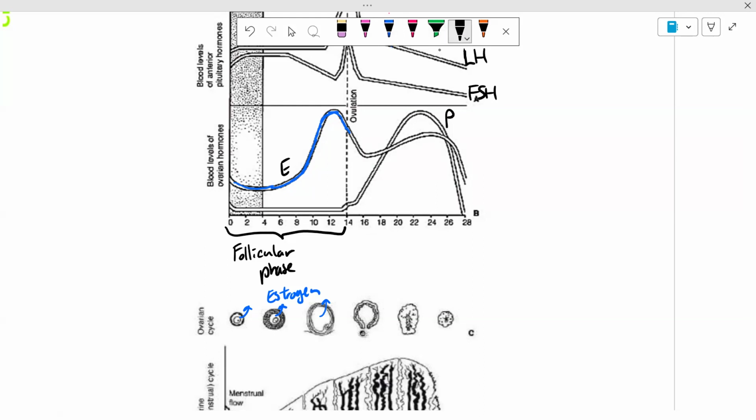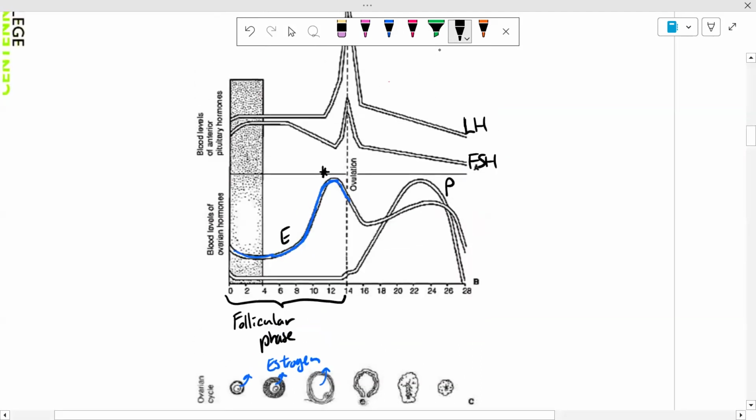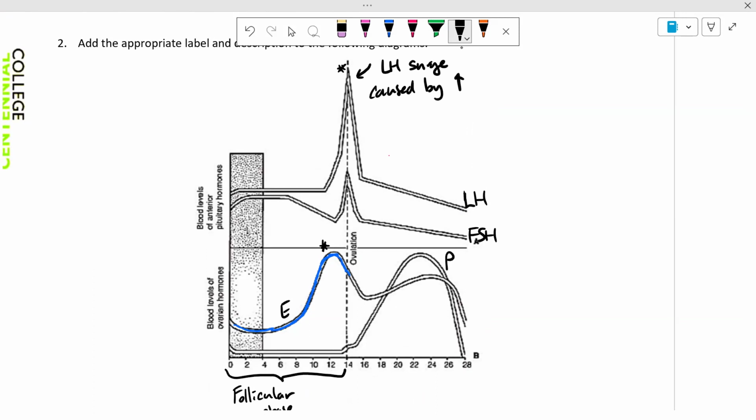Why? Well, over here, the rise in estrogen is going to create a positive feedback that results in the LH surge. LH surge caused by increase in estrogen.